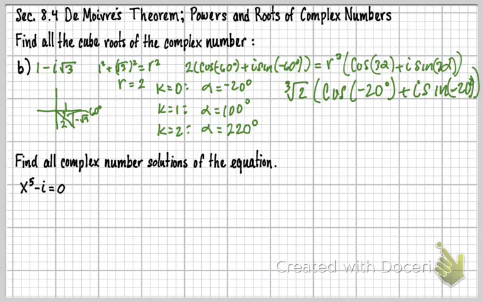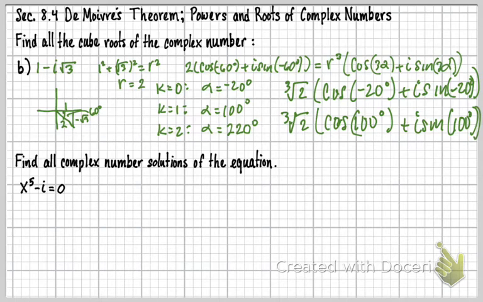And then the second one is going to be cube root of 2, cosine of 100 degrees plus i sine 100 degrees. And then the last one's going to be cube root of 2, cosine of 220 degrees plus i sine 220 degrees. So there's our three answers.